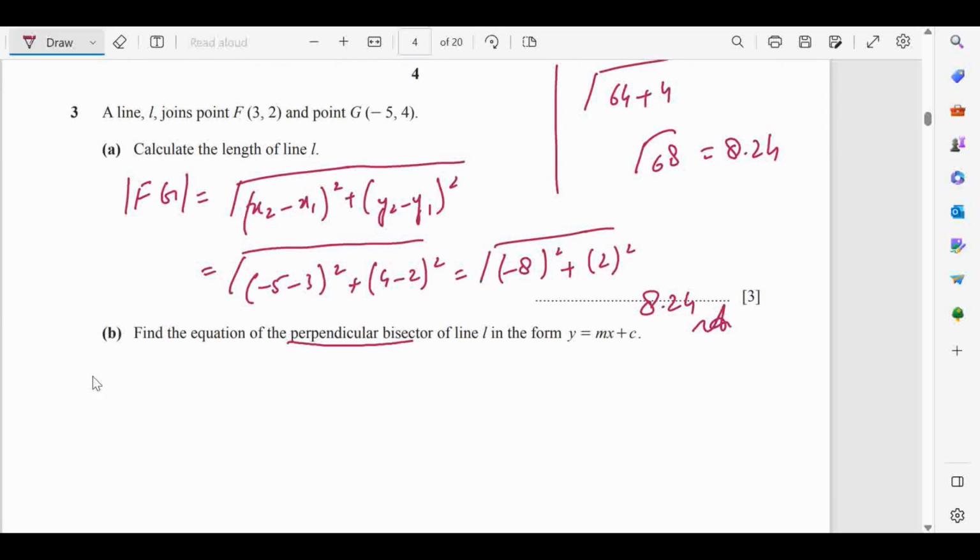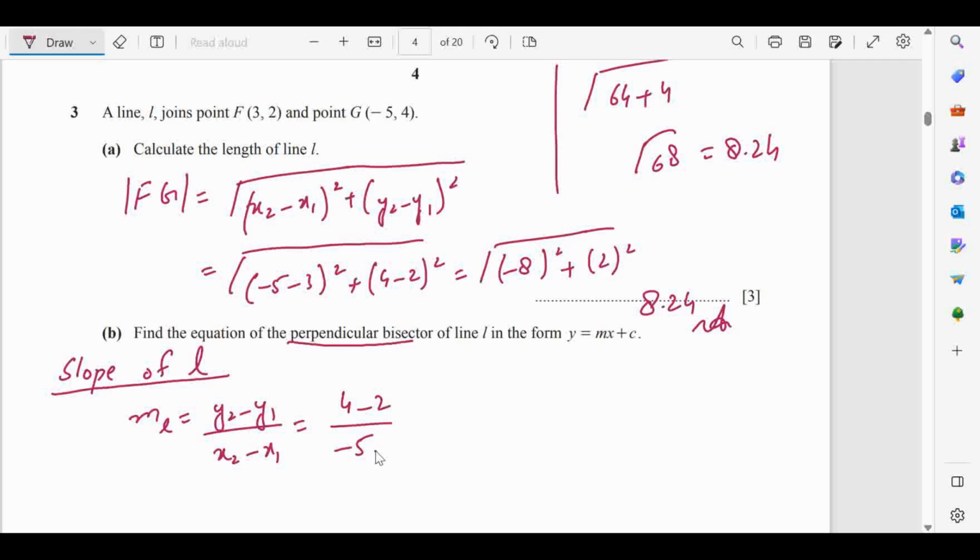Let's find the slope of L. The slope of line L will be equal to y2 minus y1 divided by x2 minus x1. This will be equal to 4 minus 2 divided by minus 5 minus 3.